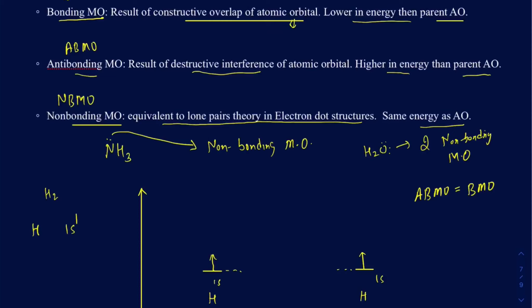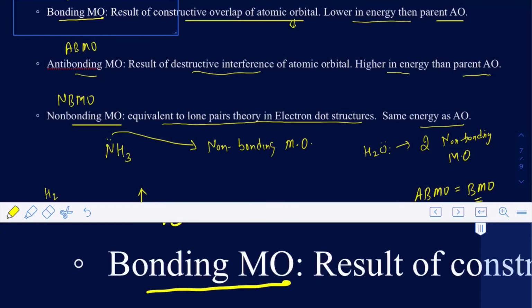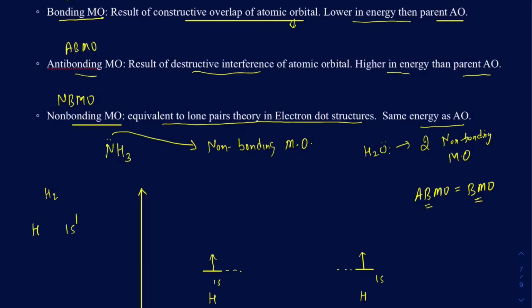So if I create one bonding molecular orbital, you will also create one anti-bonding molecular orbital, which makes sense because remember, you can either combine your atomic orbitals with constructive interference or destructive interference.